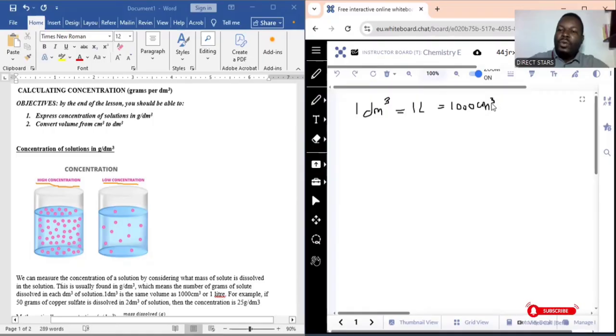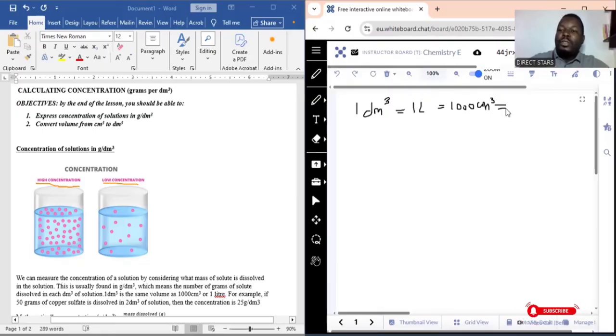1,000 centimeter cube. And we have some other laboratory apparatus that measure in mL, but in most cases we have our apparatus measured in centimeter cube. So for you to get 1 liter, you have to measure out 1,000 centimeter cube of that solution.